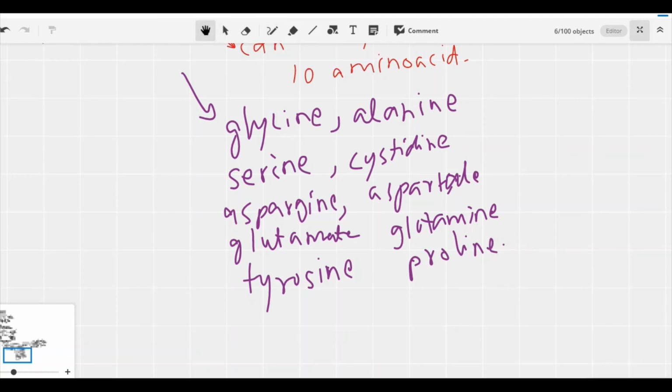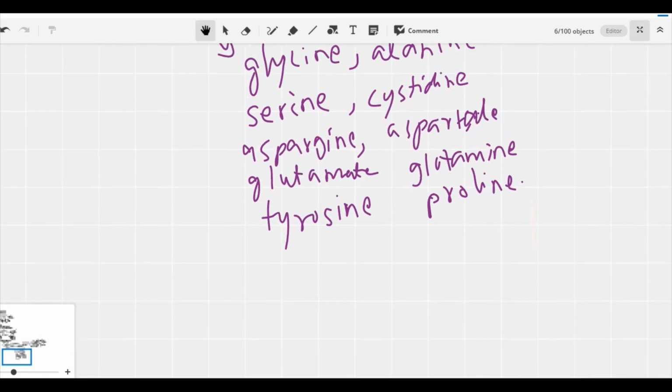So these are the 10 amino acids categorized as non-essential amino acids.